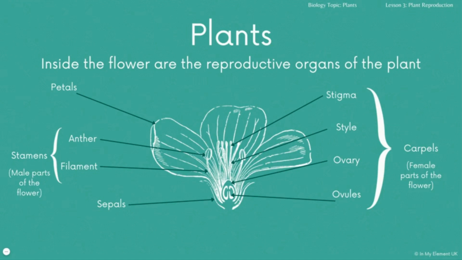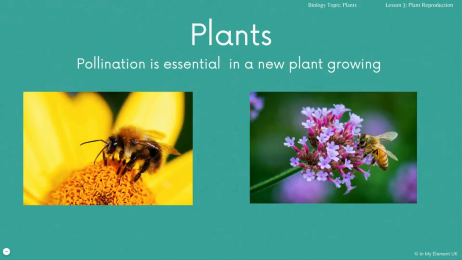We've just labelled which ones are the male parts and which ones are the female parts. Now, what we've talked about are the reproductive organs. How that pollen is transported between plants, or even within a plant, is essential for the new plant growing.